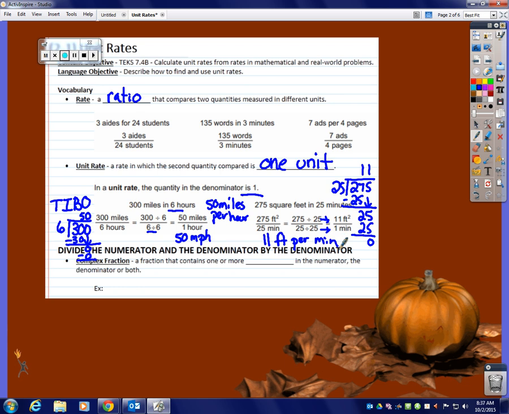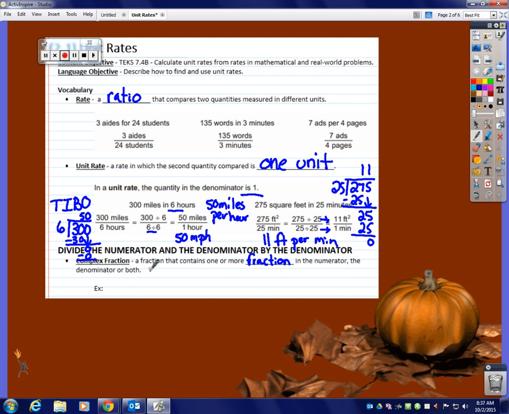minute. Okay, so let's look at the last vocabulary word. A complex fraction. A fraction that contains one or more fractions in the numerator or the denominator, or both. So, for example, let's come up with some.